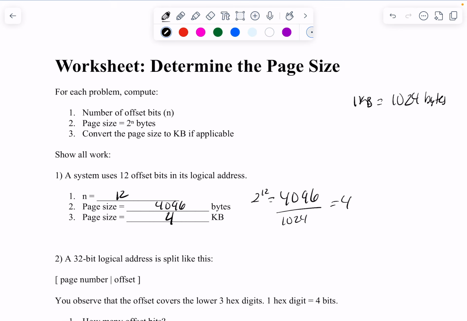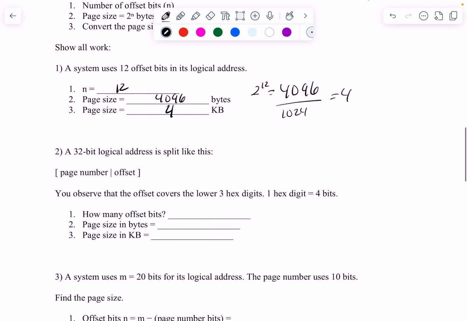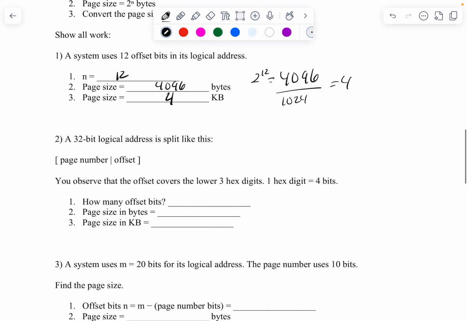All right, so then for the second problem, we have a 32-bit logical address, and we can see that the offset covers the lower 3 hexa digits. Each hexa digit is about 4 bits. So if you have 3 hexa digits, that's 3 times 4, so we're looking at 12 bits.